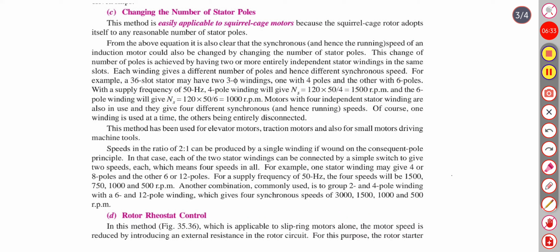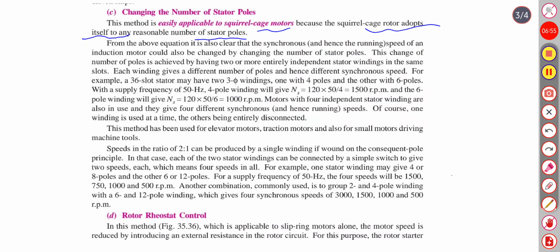Third is changing the number of stator poles. It is easily applicable to squirrel cage motors because the squirrel cage rotor adapts itself to any reasonable number of stator poles.